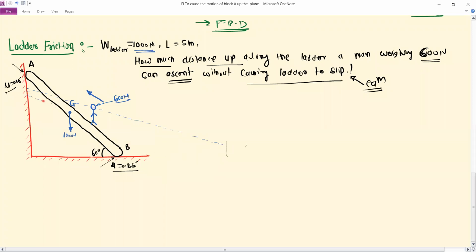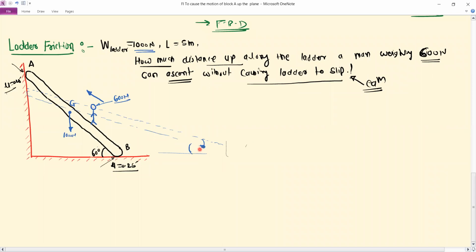So it will take this position after some time. As this 60 degree angle changes to a second position, that means the ladder will rotate about this point. So this motion is a rotation.